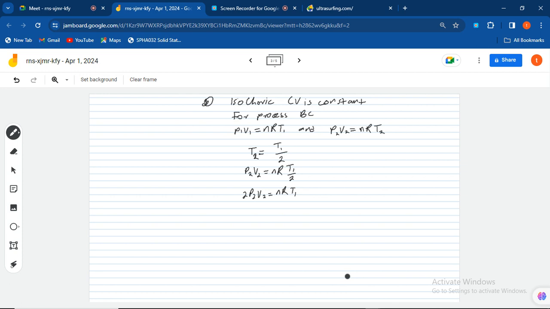And then we'll have what? We'll have NR, 2 P2 V2 over T1 equal to NR.